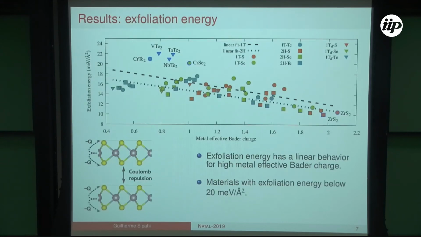For exfoliation, this is the most important result we have. Running all of them, we found a clear trend relating Bader charge to exfoliation energy. Bader charge is something you use to determine the positions of atoms based on the electron density.